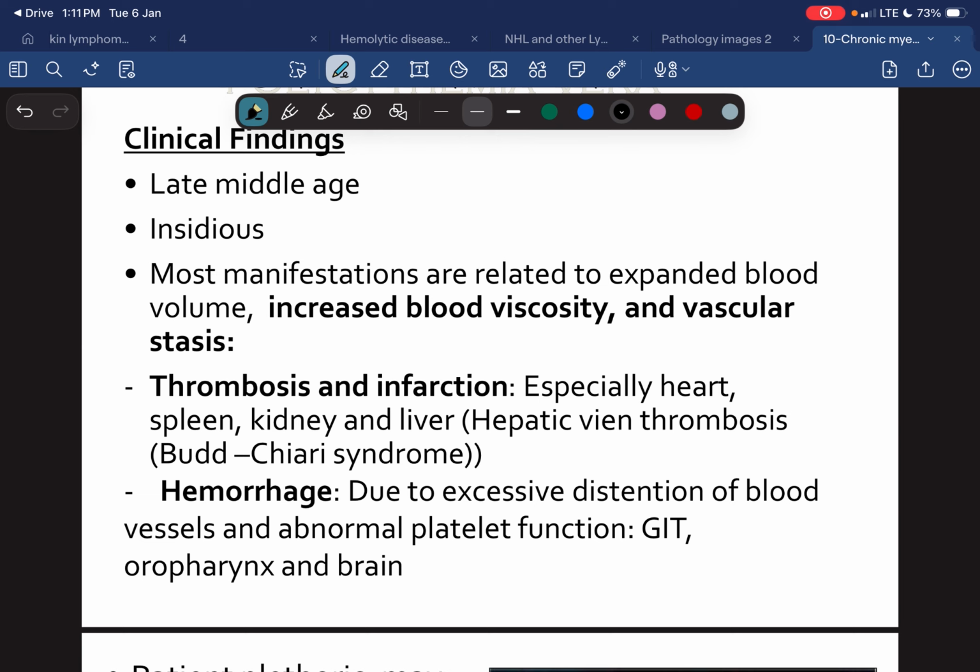We also have hemorrhage due in part to increased blood volume, and the other explanation is that their platelets are abnormal. So we have thrombosis and we have hemorrhage.